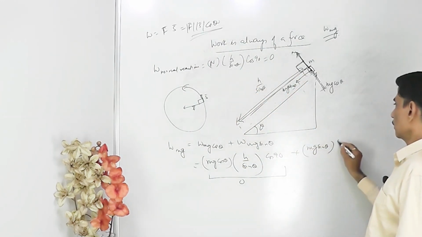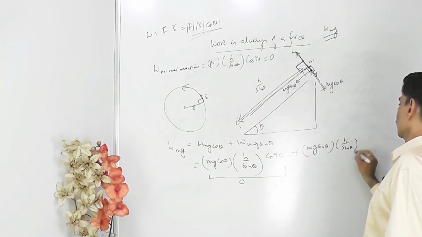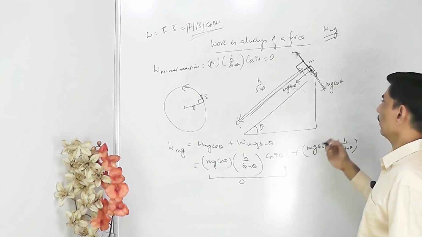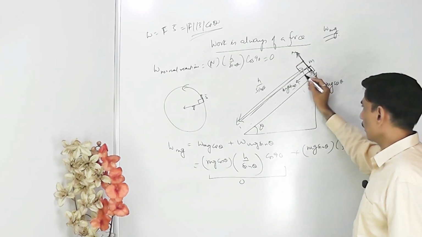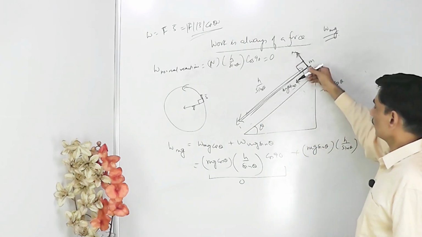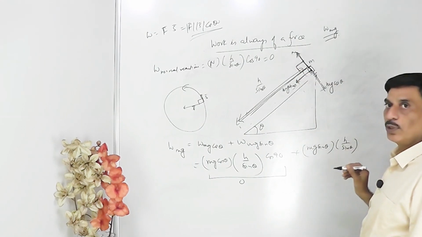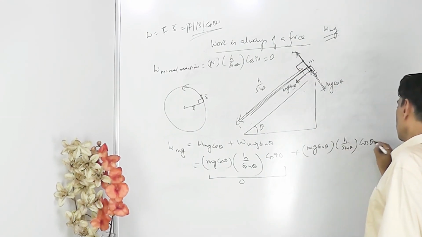Mg sin theta, force into displacement. Displacement from here to here is h by sin theta. And the angle between the two? Now we are talking of this force, mg sin theta, and displacement is also in this direction. The angle between these two vectors, they are parallel vectors, is going to be equal to 0. So this is going to be cos 0.